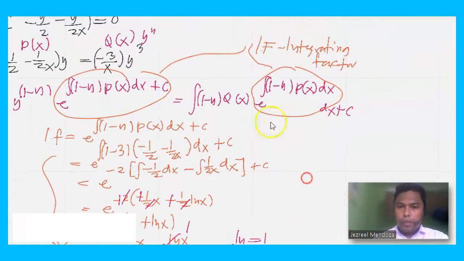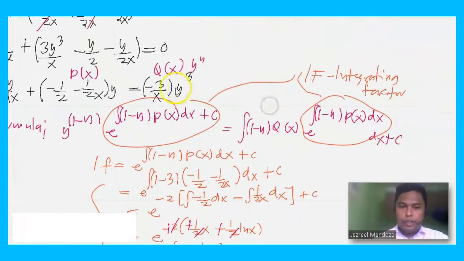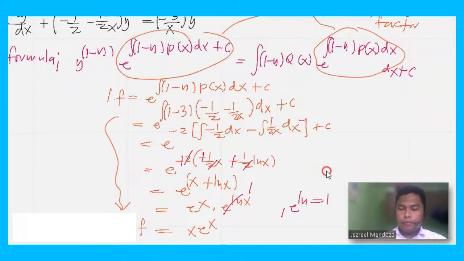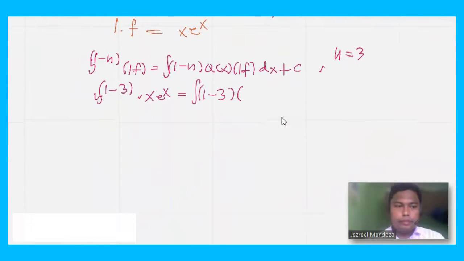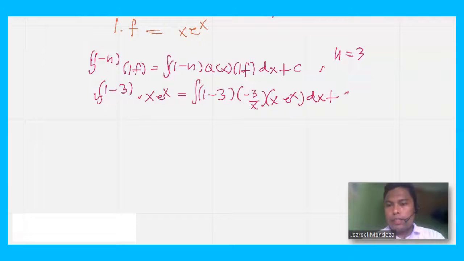Our q of x is this one, that is negative 3 over x. That is negative 3 over x times the integrating factor again, that is x e to the x, and then dx plus c.